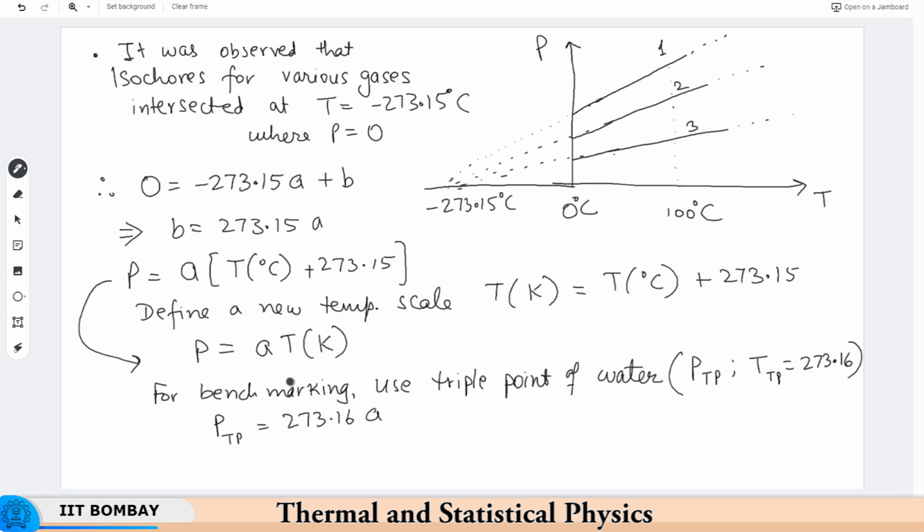So from these two equations we can write P by P triple point equals T in Kelvin units divided by 273.16, which implies our temperature in Kelvin scale is nothing but 273.16 times pressure of the gas divided by pressure of the triple point of water, all right.